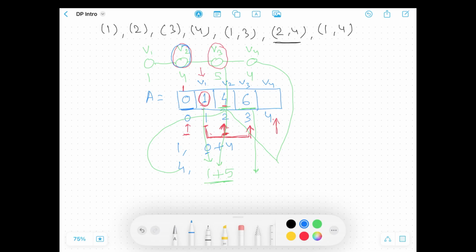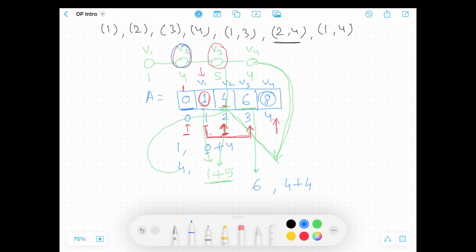So now if we see that the previous index value is 6, or it could come from the previous to previous index and the current weight at the 4th vertex. So this will be 4 plus 4, which is 8, and we put an 8 here, and that's our answer.